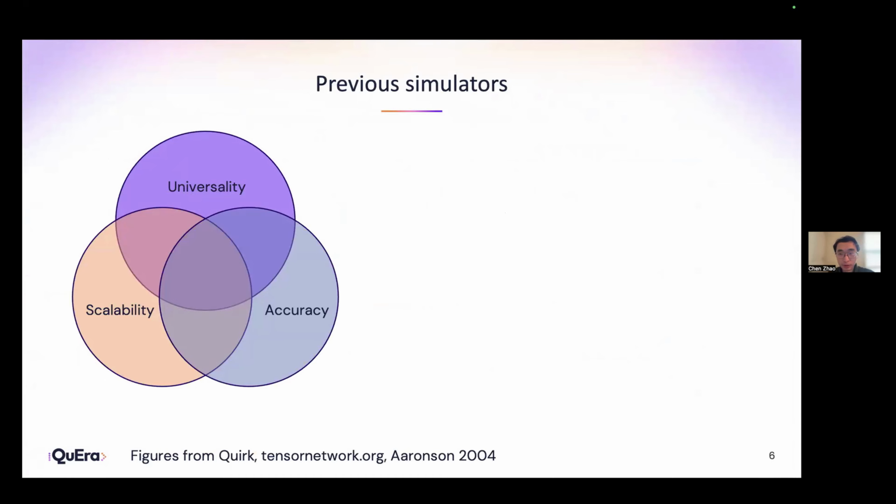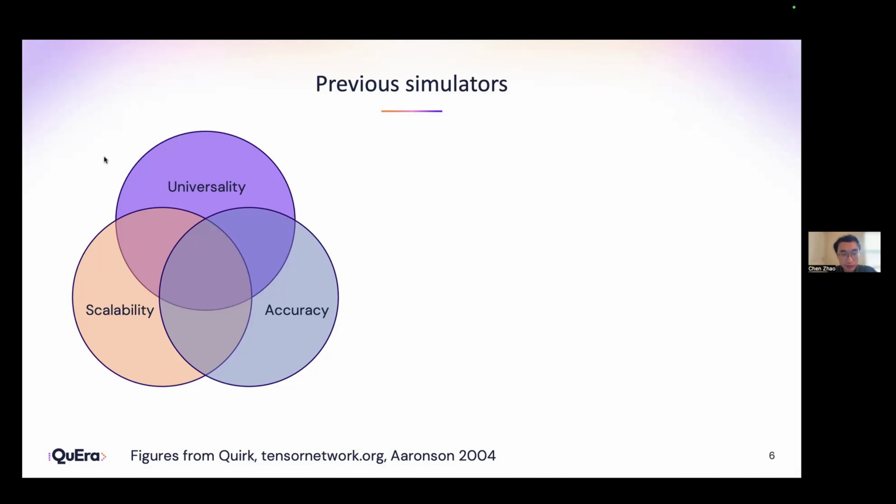So basically, I want to talk in a little more detail about the theory behind the box of the simulator. I will summarize the simulators we commonly use in quantum computing, and characterize them by three measures: universality, accuracy, and scalability.